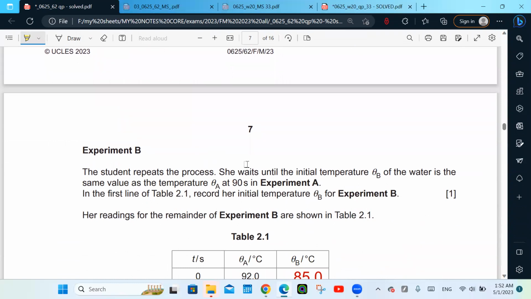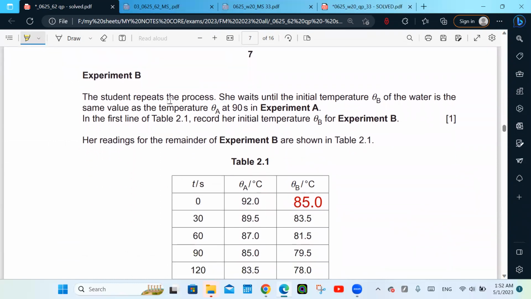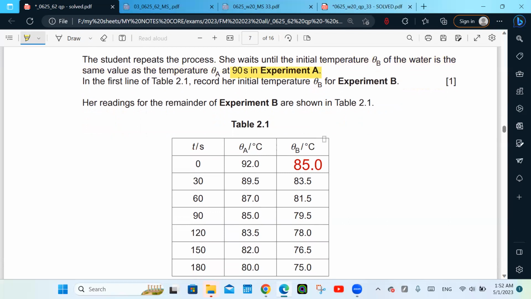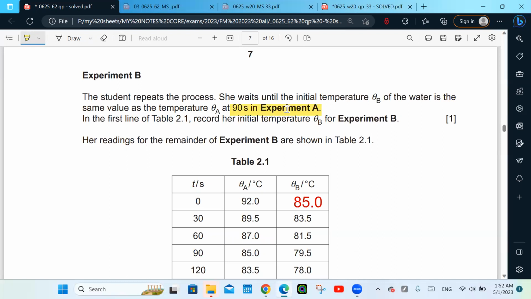Okay, in the other experiment, the student repeats the process, but this time she waits until the initial temperature theta B of the water is the same value as the temperature theta A at 90 seconds. Here you must be careful, because in the question the initial temperature for theta B isn't given, but you have the information to find the initial temperature for the second beaker.